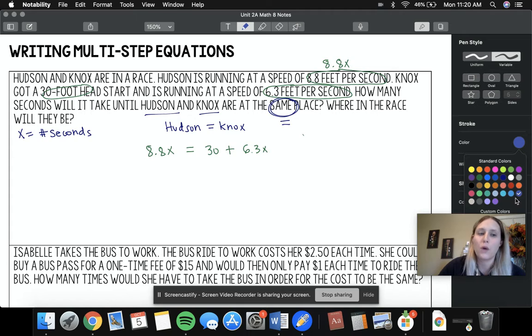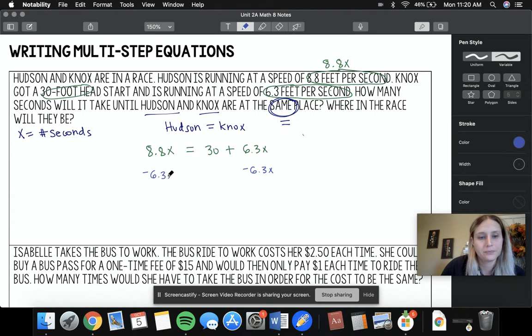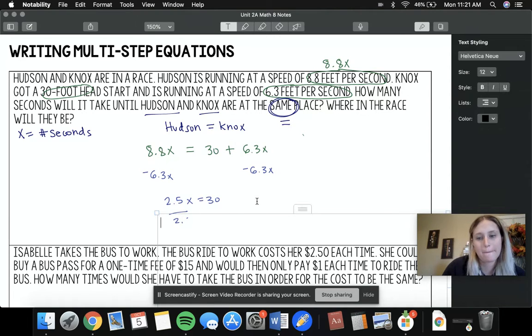Now it says how many seconds, so we're going to have to solve this. So we're going to move our variable onto one side. I'm going to do the opposite of adding 6.3x and subtract it. Then I would have 2.5x equaling 30. Then I'm going to divide by 2.5.